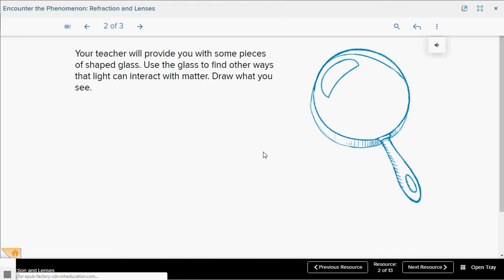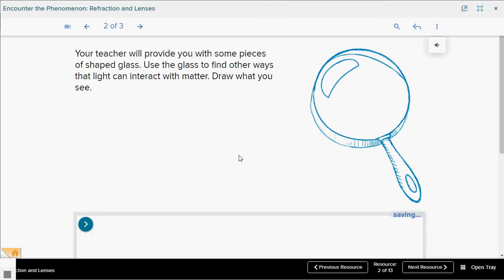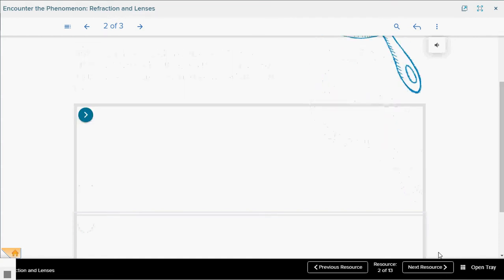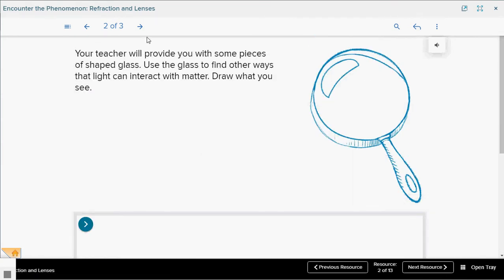Your teacher will provide you with some pieces of shaped glass. Use the glass to find other ways that light can interact with matter. Okay, you can draw by yourself.